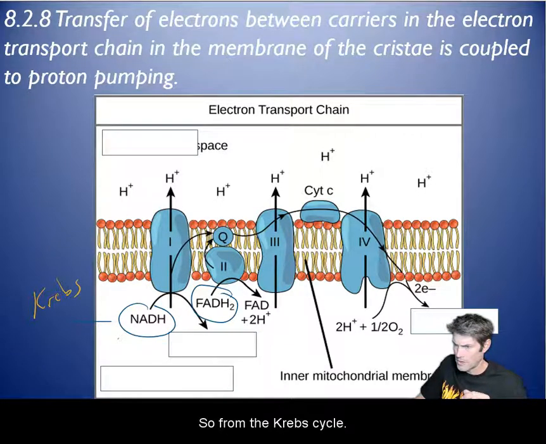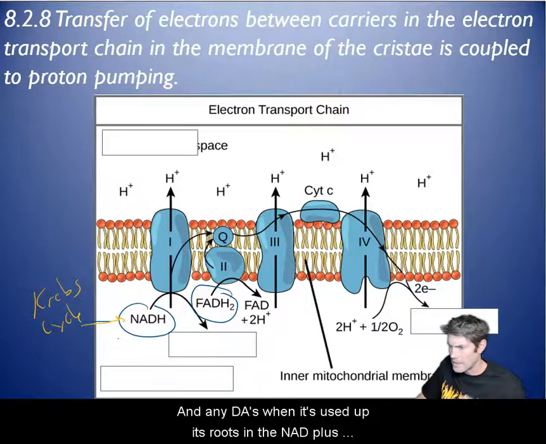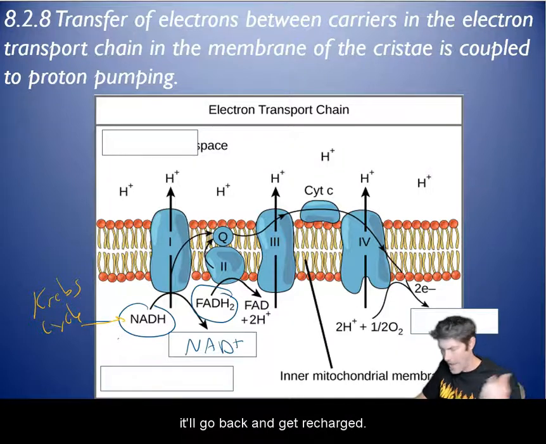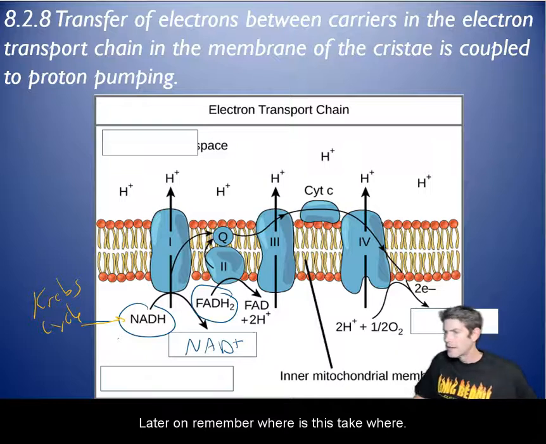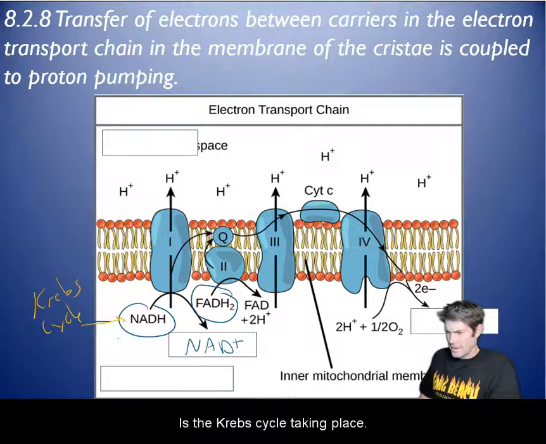So from the Krebs cycle, we get these molecules. And NADH, when it's used up, it turns into NAD+. It'll go back and get recharged later on. Remember, where is the Krebs cycle taking place?